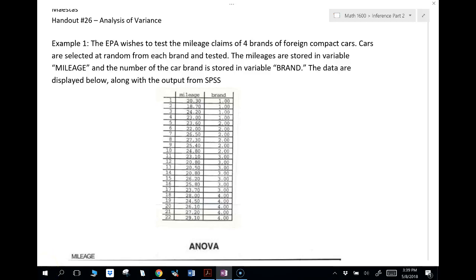Okay. So we're going to do analysis of variance, often known as ANOVA. So we'll just get into the two examples that I have here. Each of these are going to be done with SPSS. This is a statistical program for the social sciences. It's often used in universities.